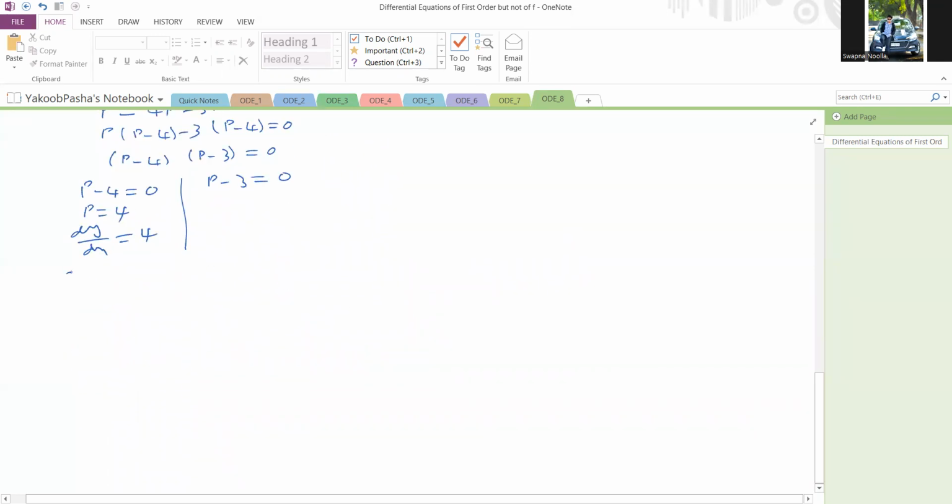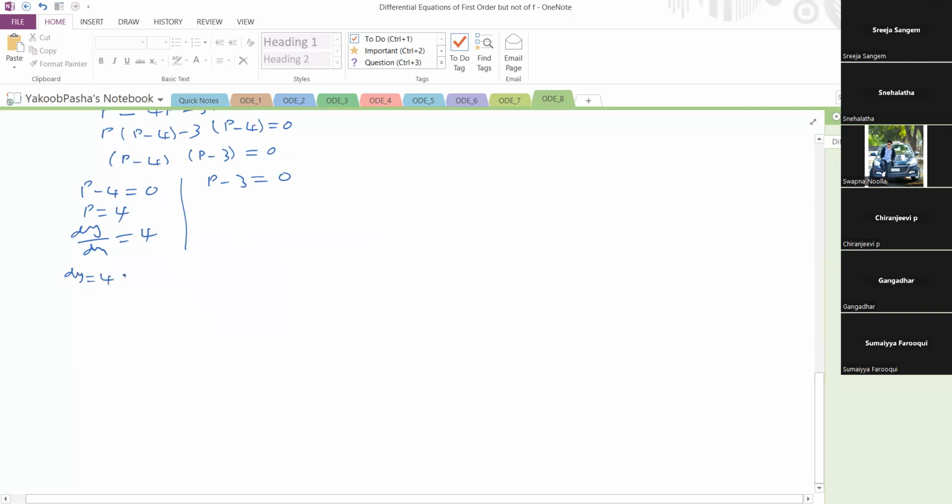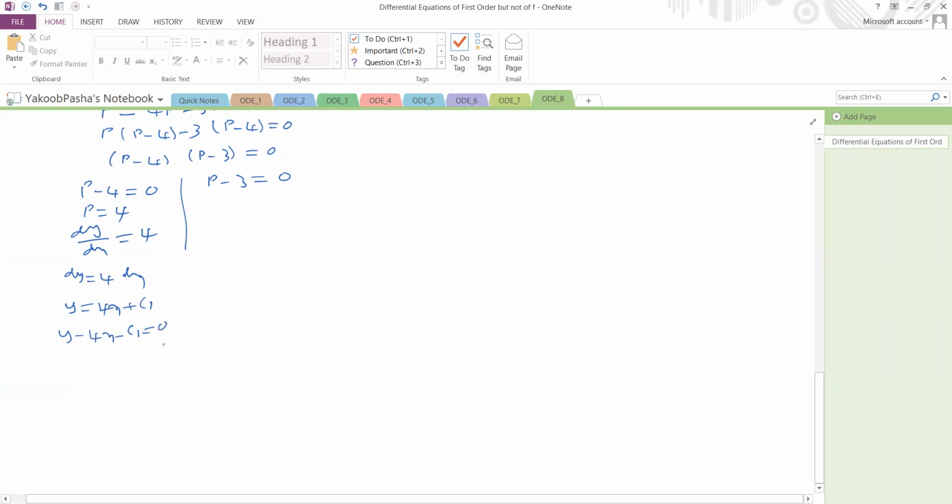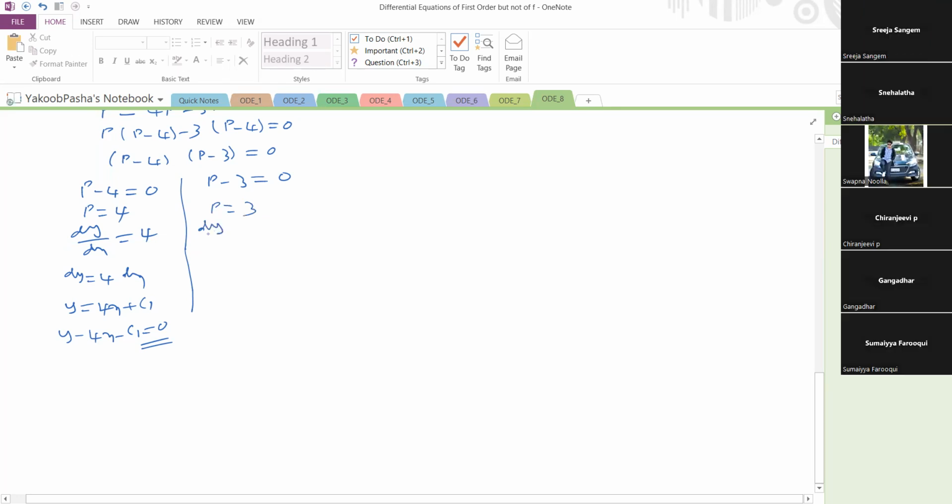We can write dy is equal to 4 dx. Now by integration, we get y is equal to 4x plus c1. So y minus 4x minus c1 is equal to 0 is the first solution. Now solve the equation p minus 3 is equal to 0, that is p equal to 3, that is dy by dx is equal to 3.